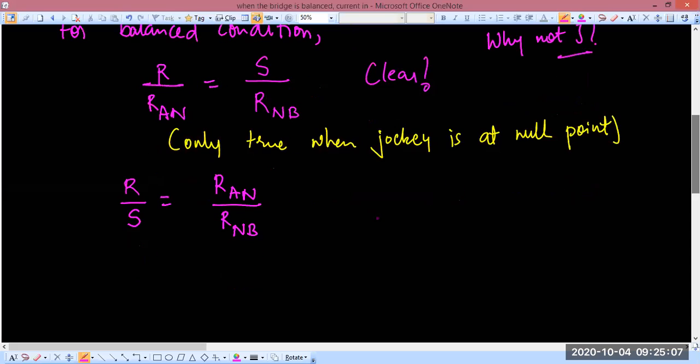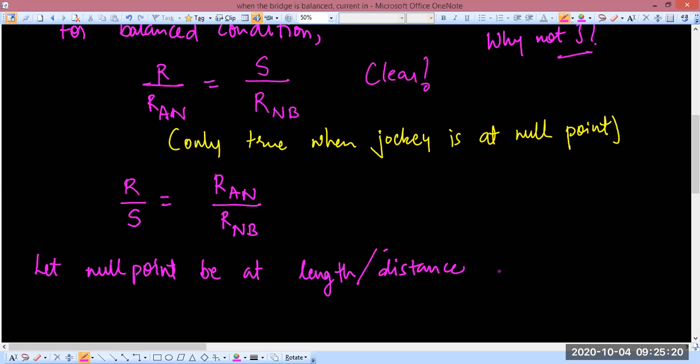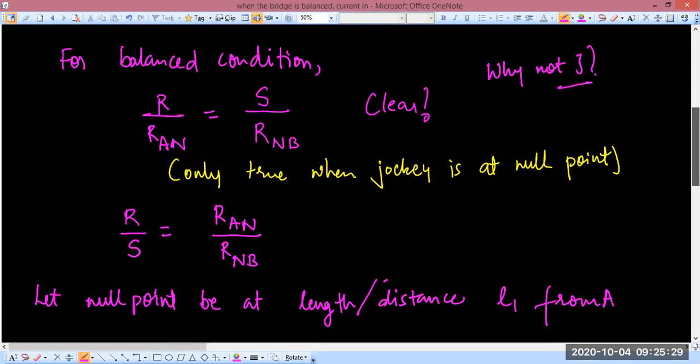Now if you write, let null point be at length or distance L1 from A. See, what does this mean? Go back, revisit the diagram. Let null point be at length L1 from A.